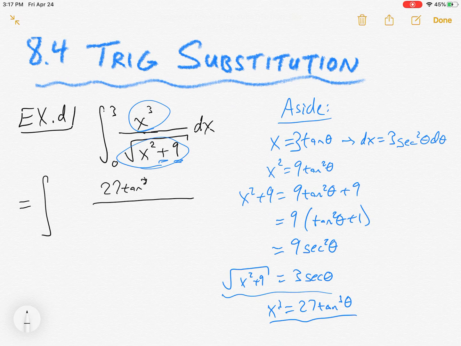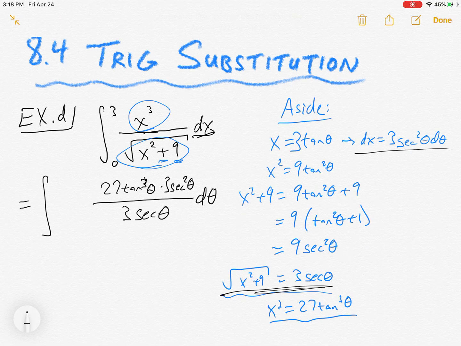So our bounds are going to need to change, but let's wait on that. I'll just leave a little space so I don't forget. So my numerator is x cubed, or 27 tangent cubed theta. And then my dx is 3 secant squared theta d theta.